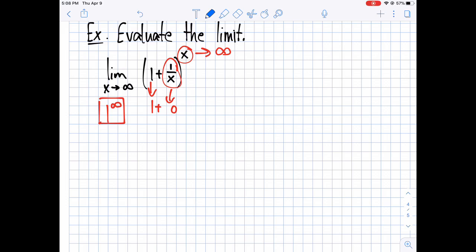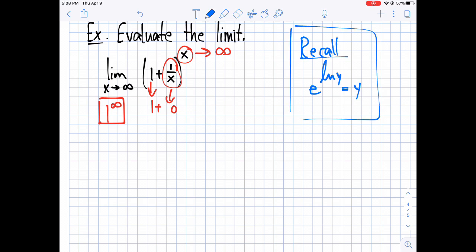They are inverses of each other, and so they have one very special property. If I want to rewrite e to the ln of y, this is the same as y. This logarithm and the exponential are inverses of each other. So if we remember that property, that's all that we need now to evaluate this.